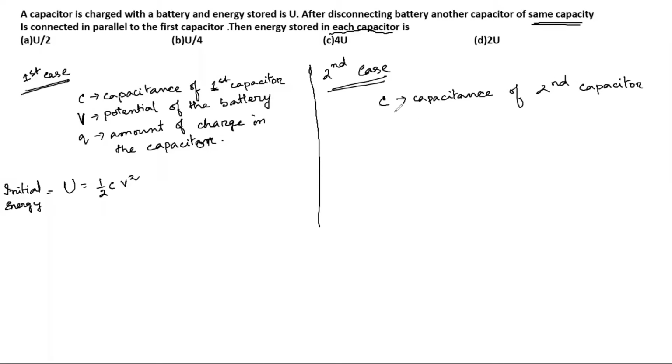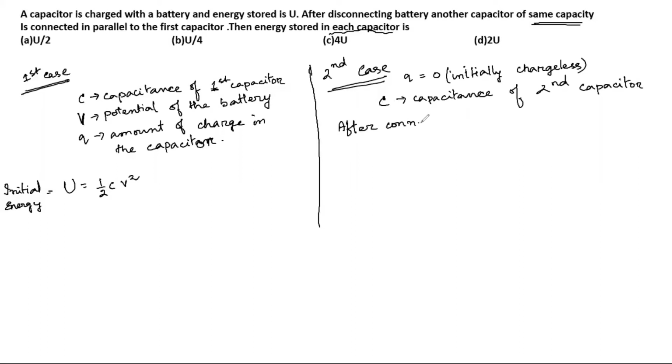We are going to assume that initially the second capacitor is chargeless. Once it is connected to the first capacitor, charge flows from the first to the second, and this flow of charge will continue up to the point where the potentials of these two capacitors become the same.